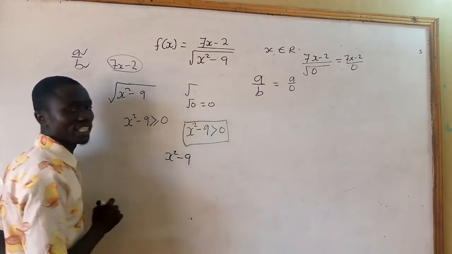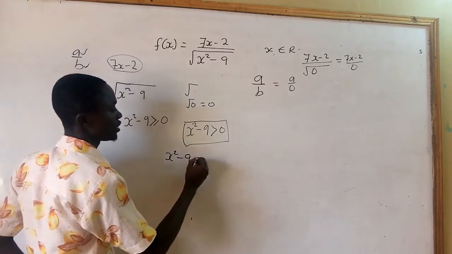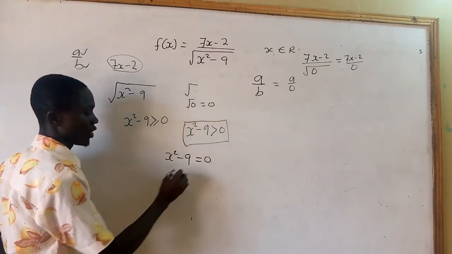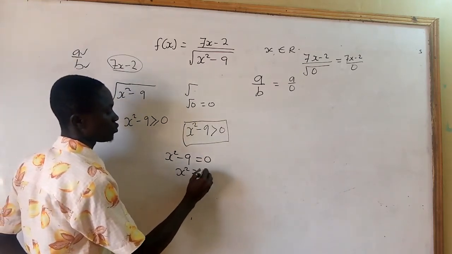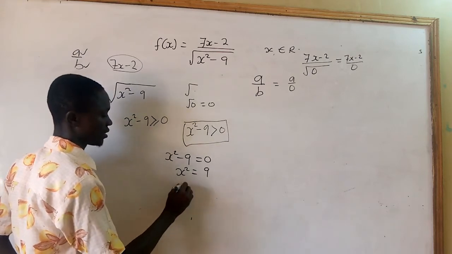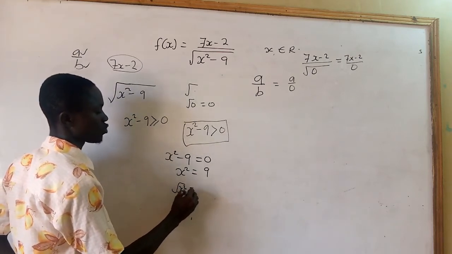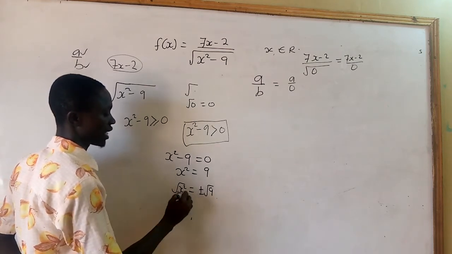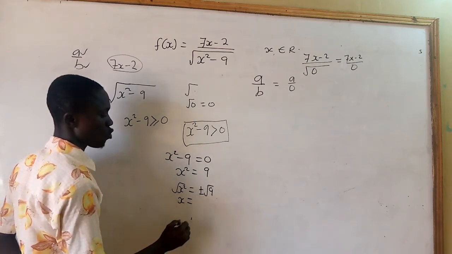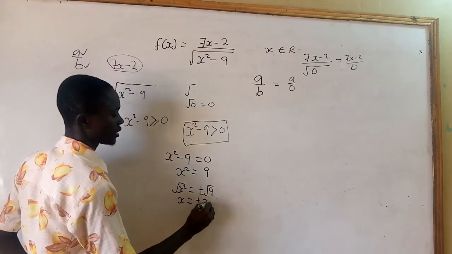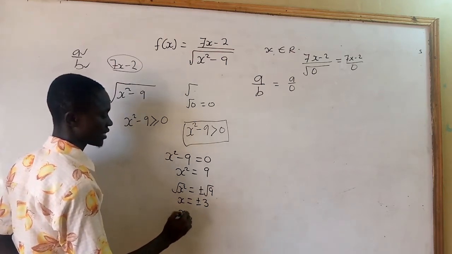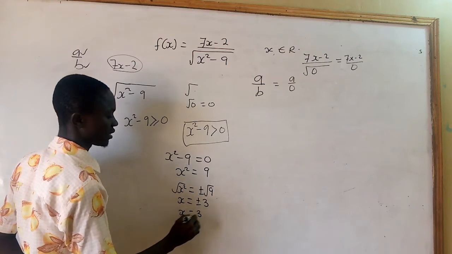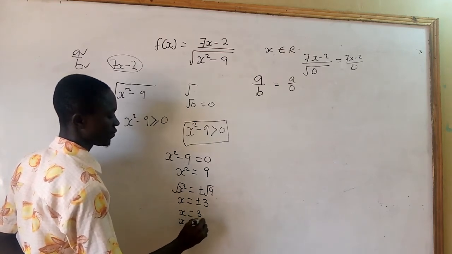Let us forget about the inequality sign first and then equate it to 0. We are going to have x squared equal to positive 9. Square root of x squared is equal to plus or minus square root of positive 9. And x equal to plus or minus 3. So we are going to have x equal to positive 3, x equal to negative 3.